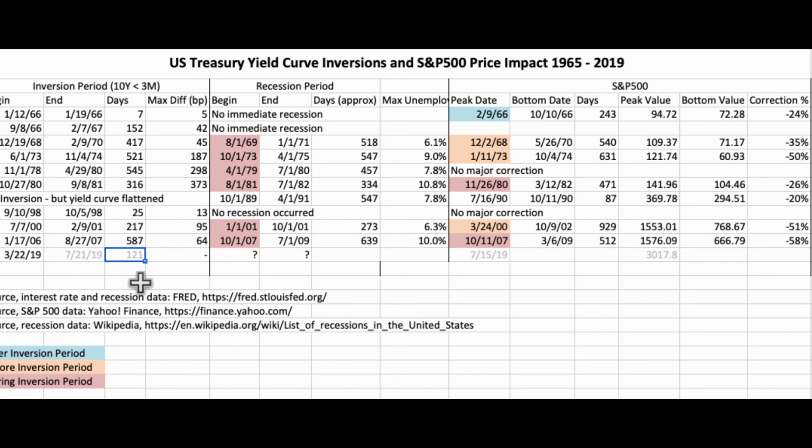And typically they last about 500 days or longer than that. There are exceptions, but more often than not, they're a pretty good predictor of an at least 20% decline in stocks and a possible economic contraction.